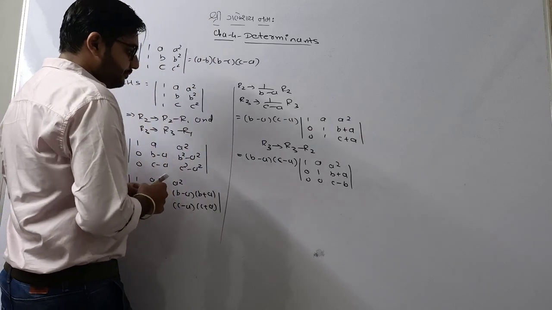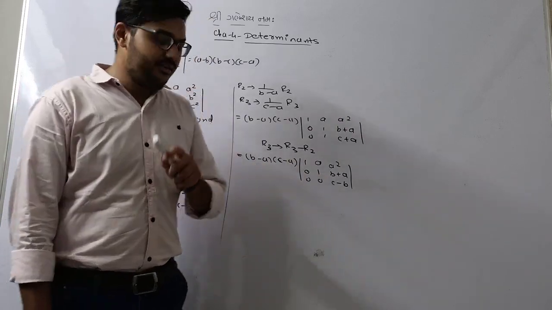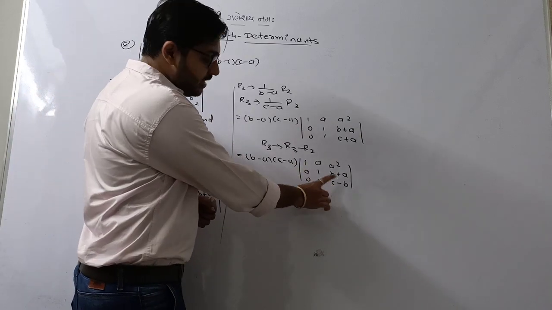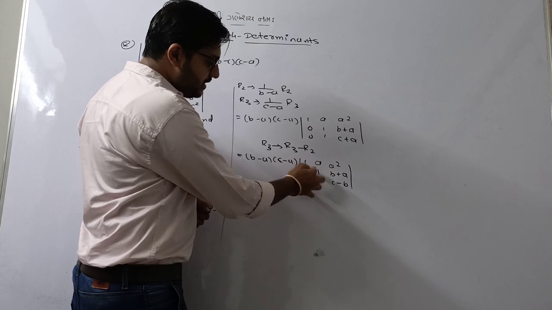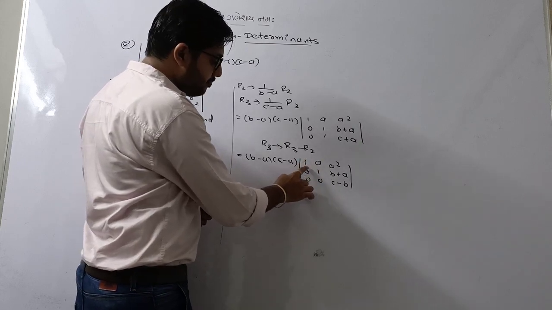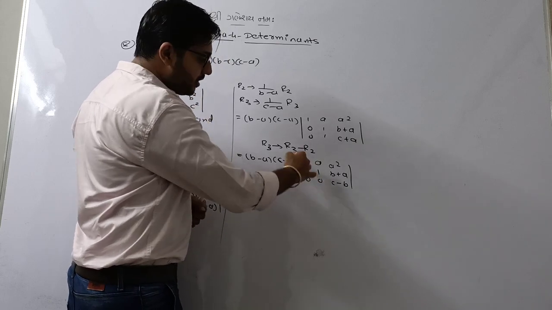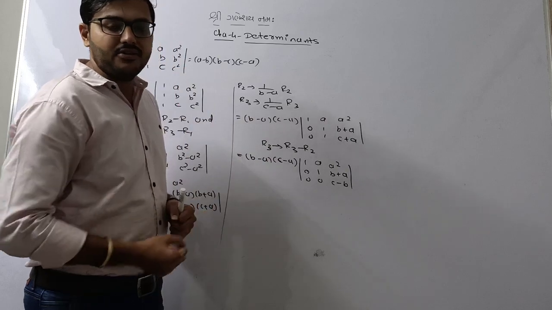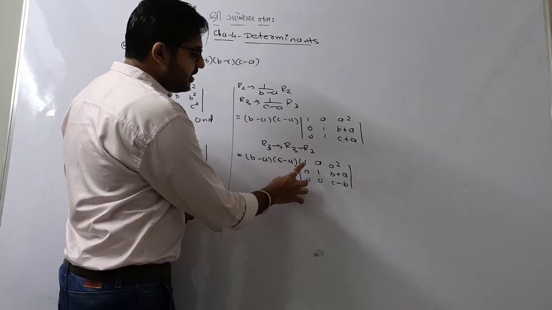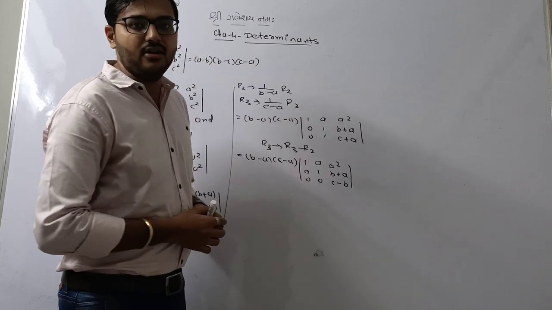Now if you just check, this becomes an upper triangular determinant. Upper triangular determinant means that the principal diagonal elements are there, and all the elements below the principal diagonal are 0. This type of determinant is known as an upper triangular determinant, and in this case the value of the determinant is directly equal to the product of the principal diagonal elements.